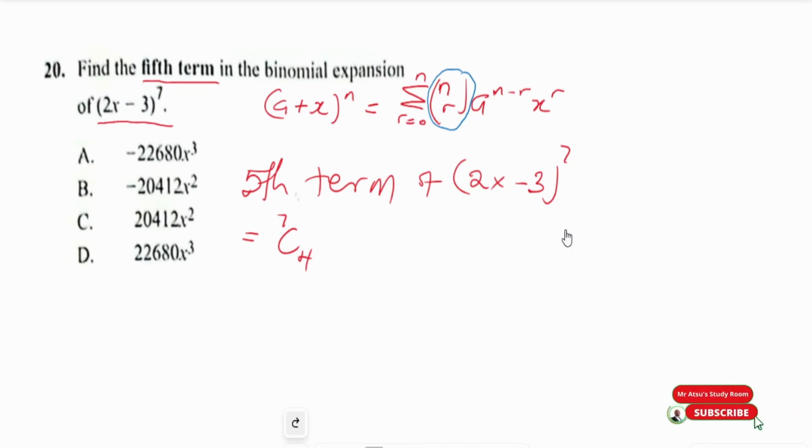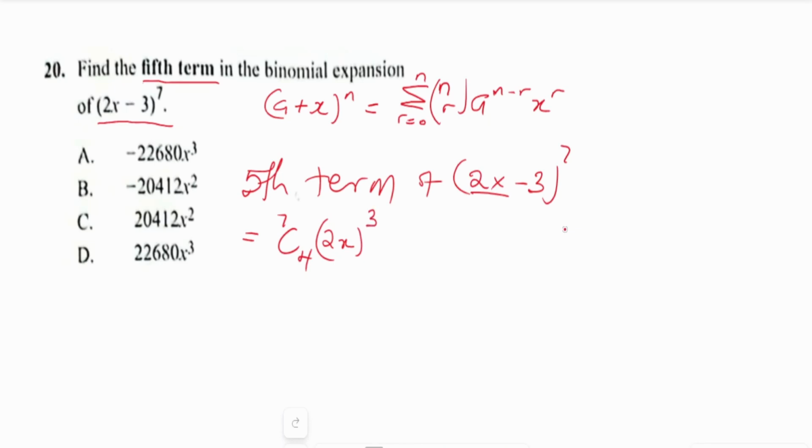Then let's move on. We now take the first term, which is the a, and with this question the first term is 2x. Since they are moving together, I'll write 2x in parentheses. Then we have n minus r, so that will be 7 minus 4, which is 3.